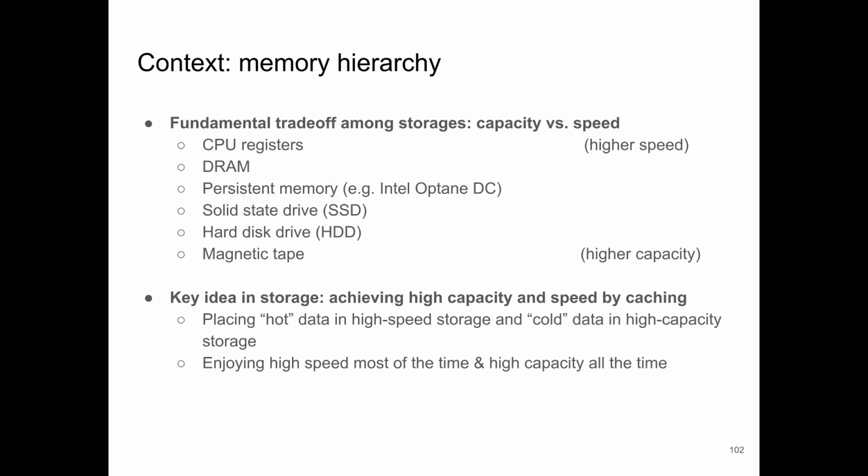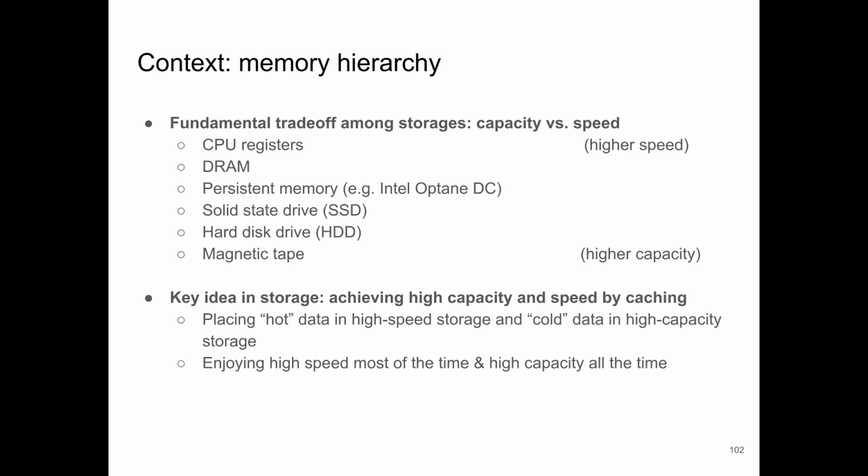As a side note, I'd like to give you the first key idea in storage systems, which is that even though there are fundamental trade-offs, we can beat the trade-off by mixing multiple kinds of storages in a single system. We can achieve high capacity and high speed at the same time by caching.